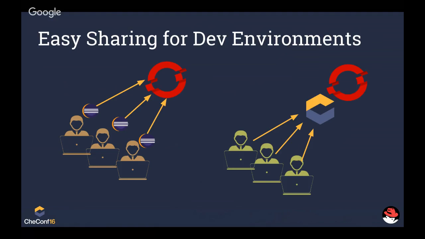But all of that needs to be done locally for the development setup. If Che is integrated in OpenShift, developers won't need to set up their workspace, their development environment, locally.